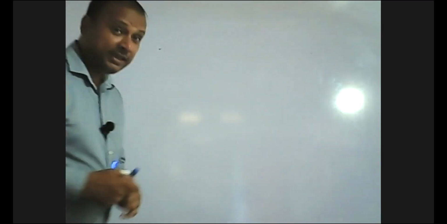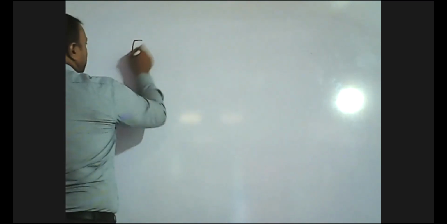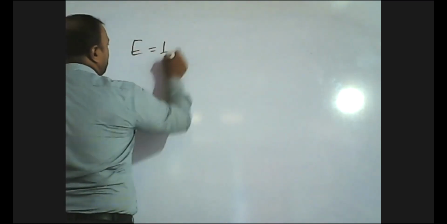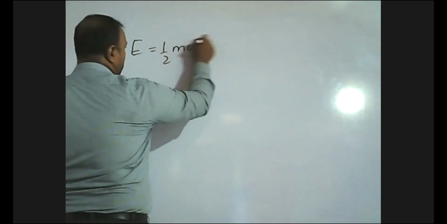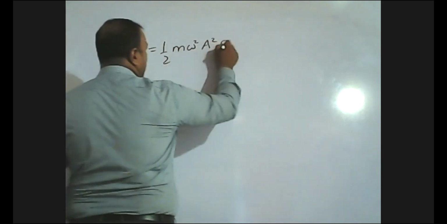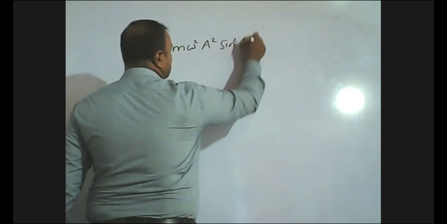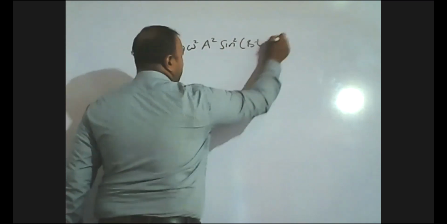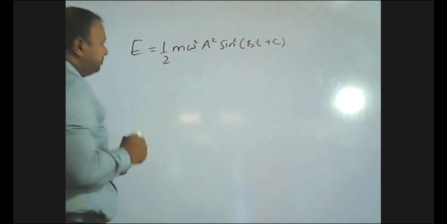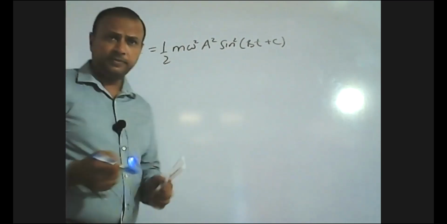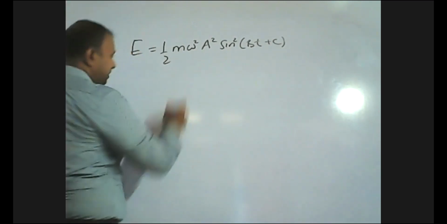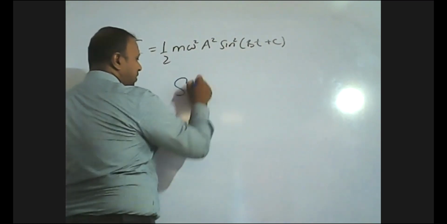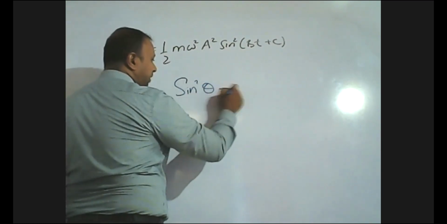Then don't get confused by the sin square. This is my given equation: half m omega squared a squared sin squared (bt plus c). If we are given sin squared theta, what is the meaning of this?